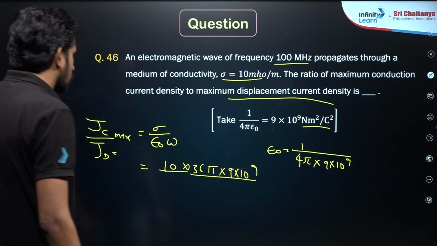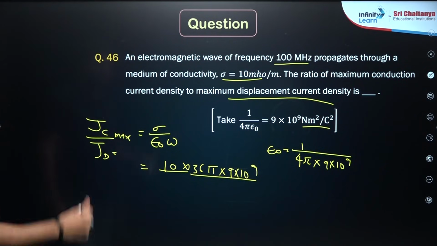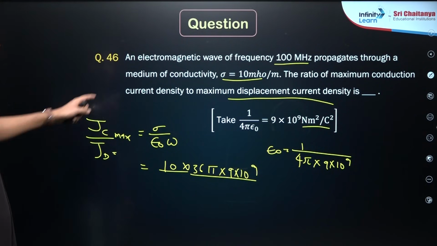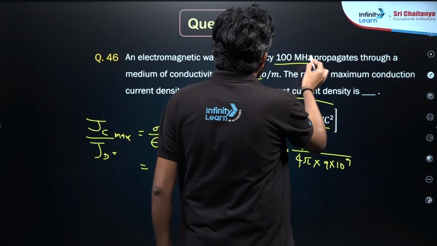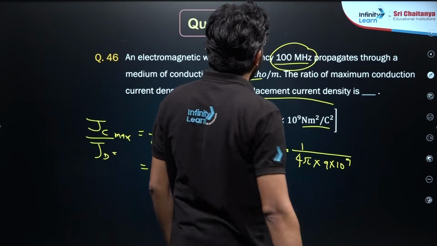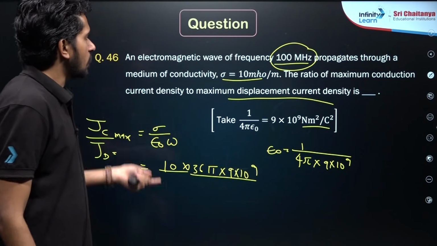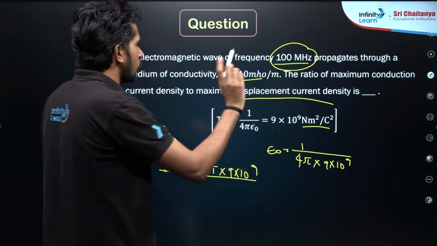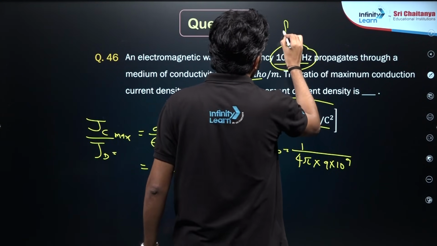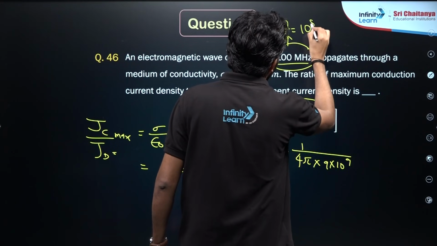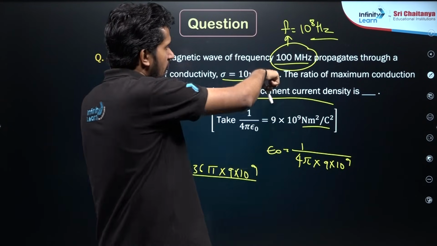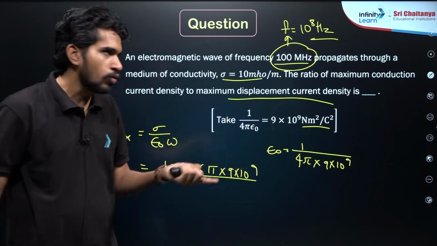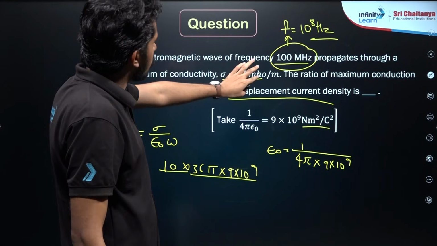Okay. Now omega. So omega, an electromagnetic wave of frequency 100 megahertz, but we need what? The angular frequency. First of all, this is frequency, and that is 10 raised to 8 hertz. Simple, because 10 raised to 6 plus 10 raised to 2 is 10 raised to 8.